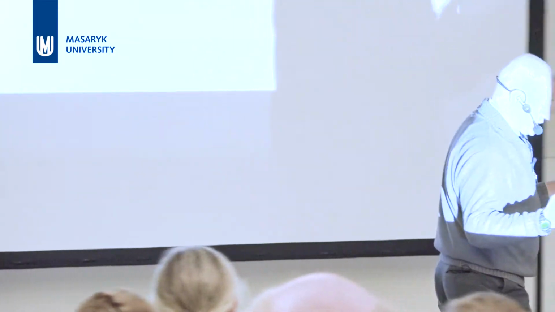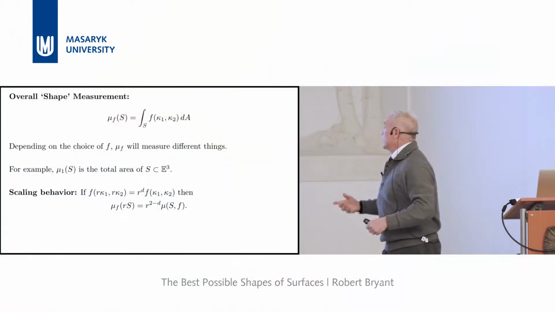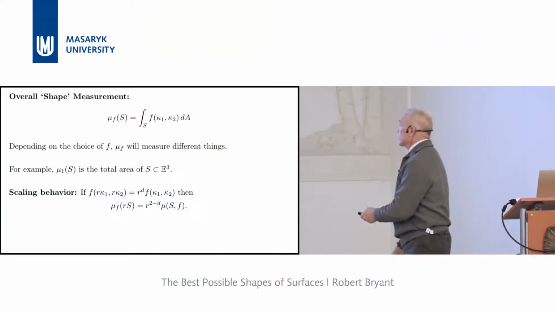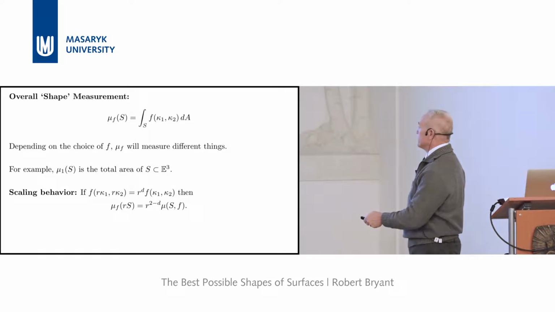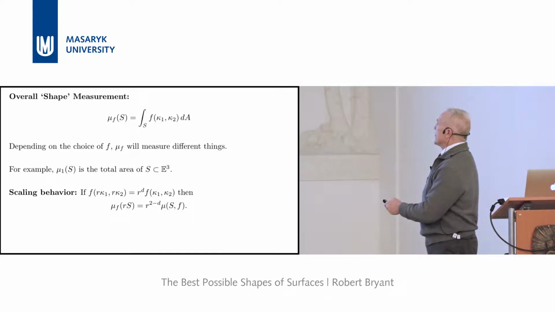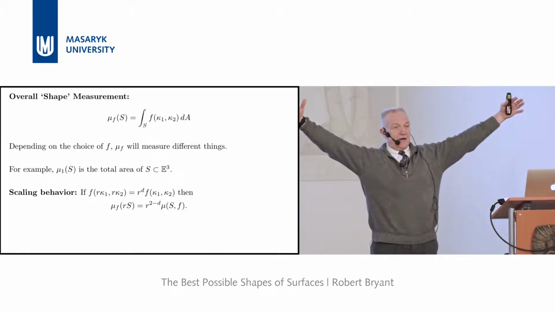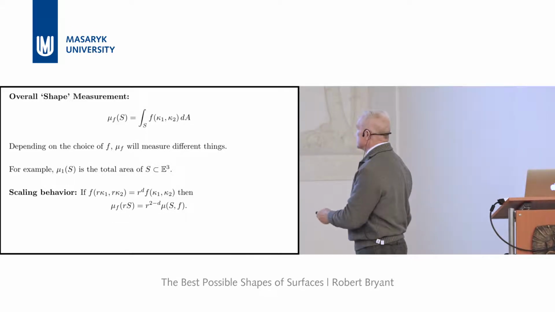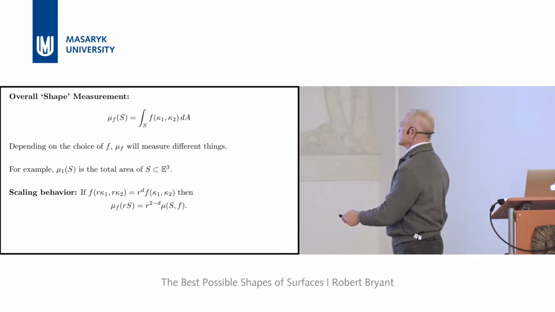So when you magnify by a factor of r, the curvatures shrink by a multiple of r, and the area magnifies by r to the d. There's a misprint there.